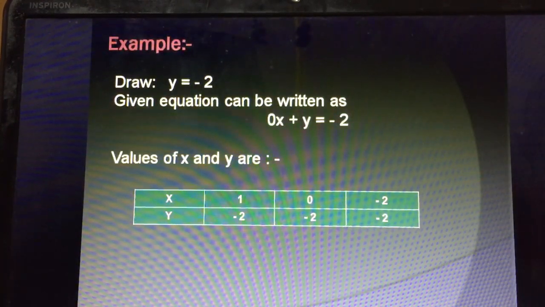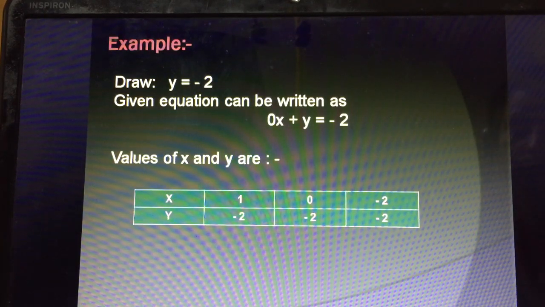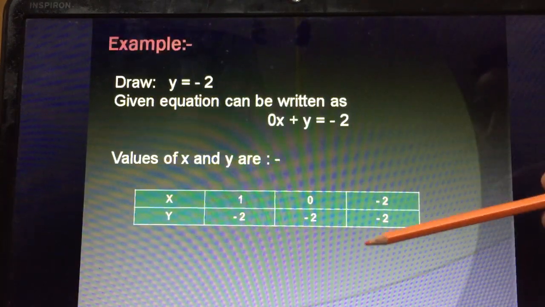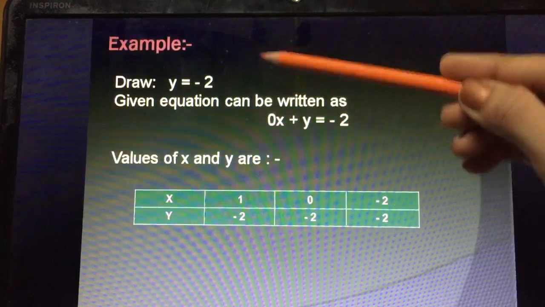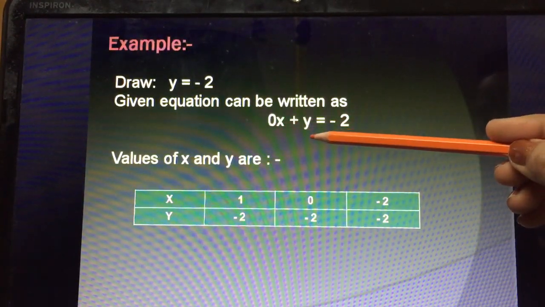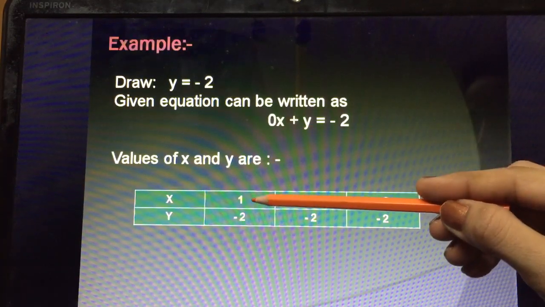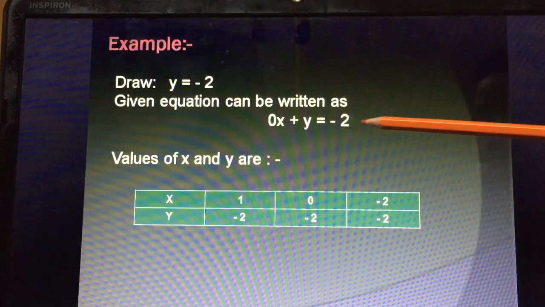Now what we have to do, we have to find at least 3 ordered pairs for this given equation which will satisfy this equation. How we'll find those 3 ordered pairs? We'll put different values of x and then we'll find different corresponding values of y. So when we put x equal to 1 here, we'll get y equal to -2.